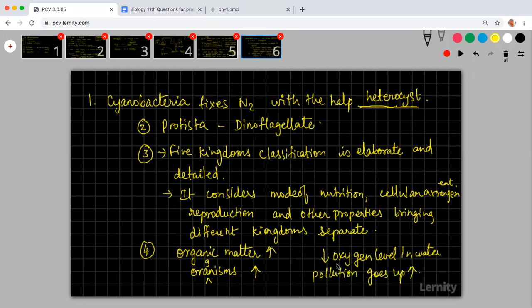This is the relation of how water is polluted. What is increasing? Organic matter. When it is increasing, what will happen to the organisms? They will increase. When more organisms are increasing, what will happen to the oxygen level in water? The dissolved oxygen will come down because oxygen will be consumed by all these organisms. And when the oxygen level is coming down, the pollution will go up. This is the basic idea of water pollution.